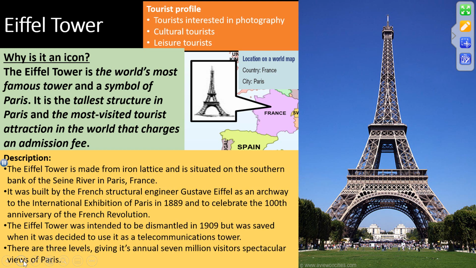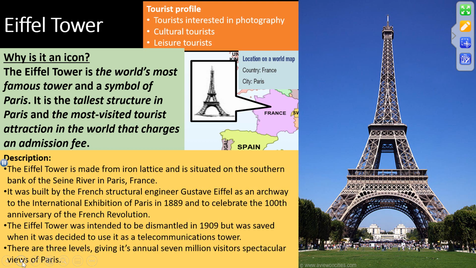The profile of tourists visiting this icon: certainly photographic tourists, tourists who are interested in taking beautiful photographs, also cultural tourists and leisure tourists.